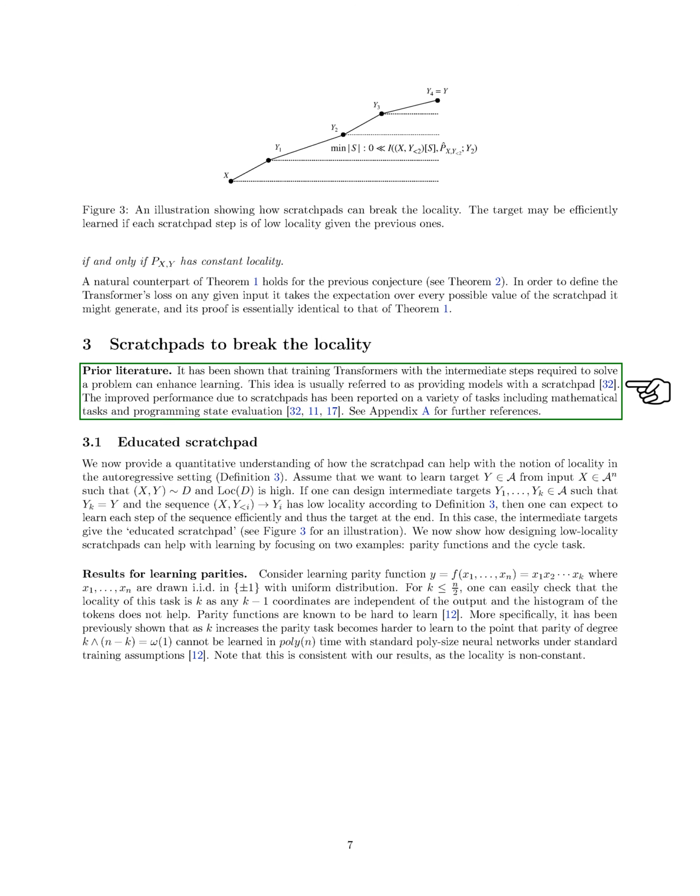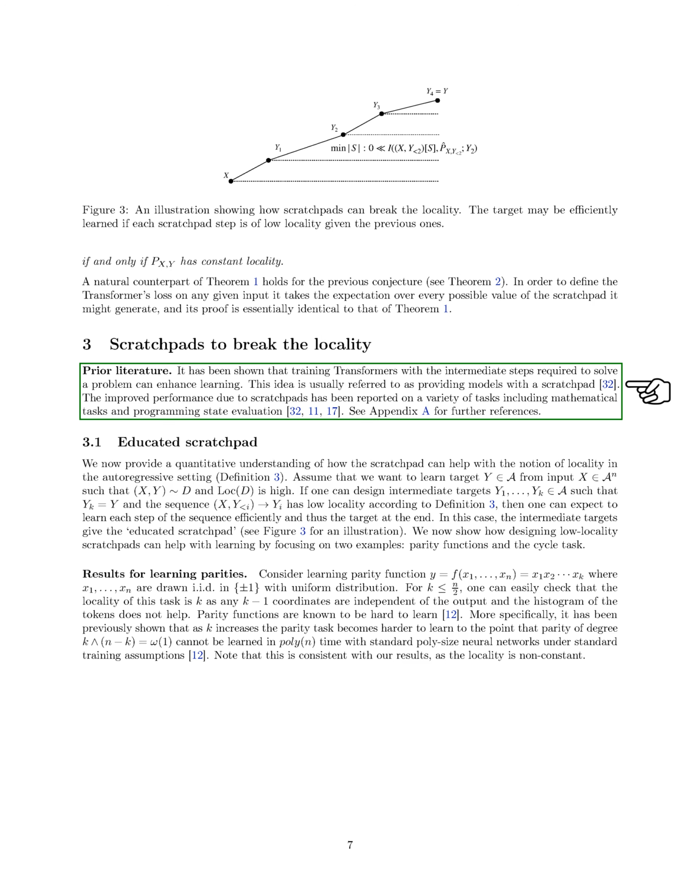We illustrate how designing scratchpads with low locality can aid in learning tasks effectively, focusing on examples like parity functions and the cycle task. For instance, when learning parity functions, which are known to be challenging, using a scratchpad with intermediate targets can simplify the learning process.